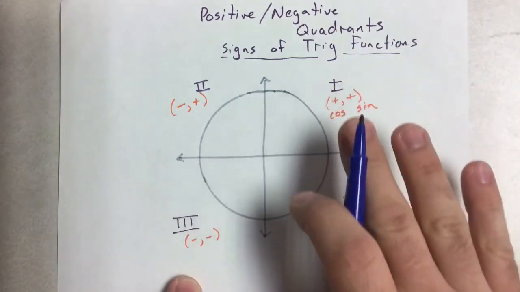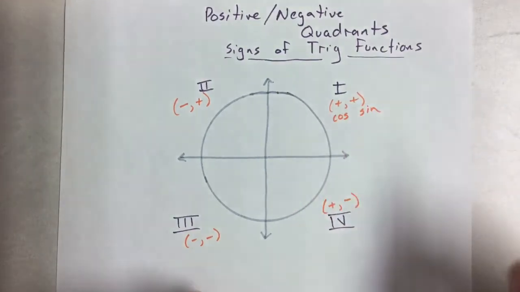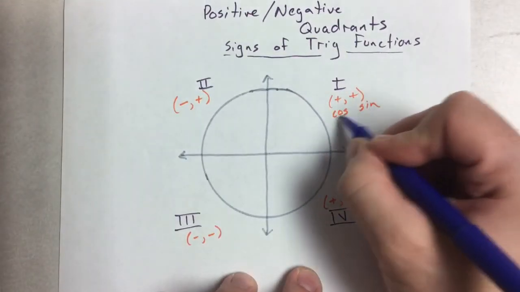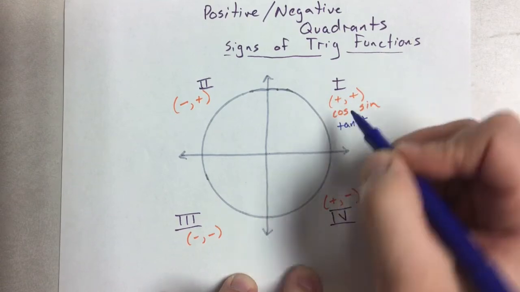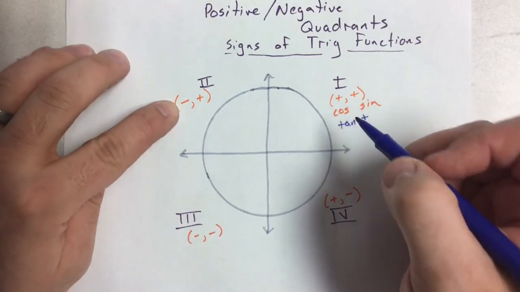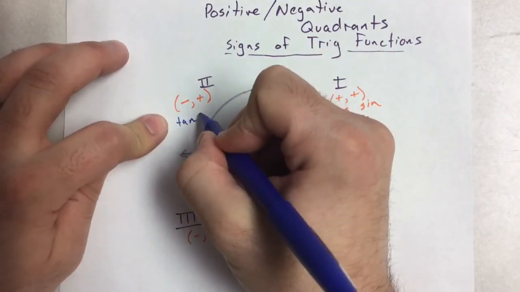A way to remember this is, actually, before I talk about that, tangents. We see sine and cosine. Tangent, if both sine and cosine are positive, tangent's going to be positive. If we have cosine to be negative, sine to be positive, tangent will be negative.